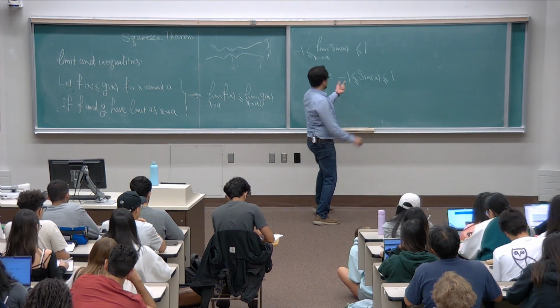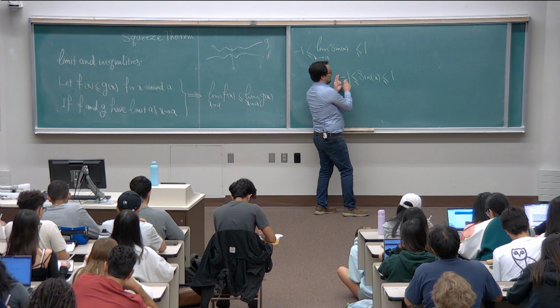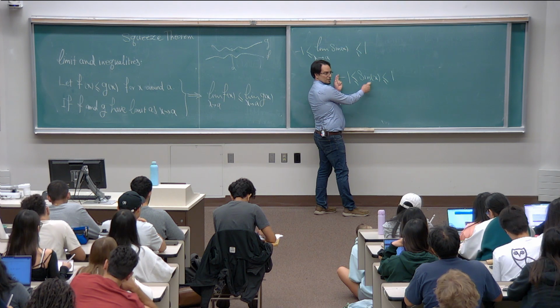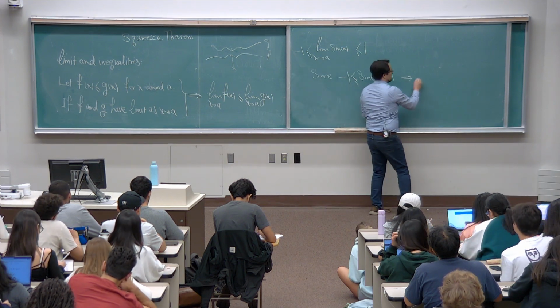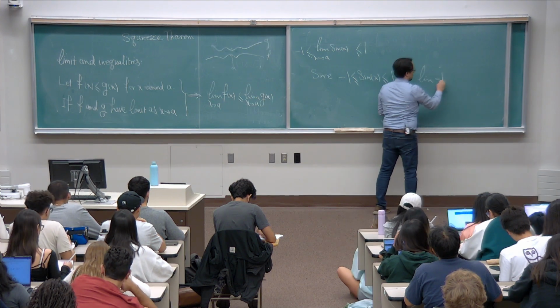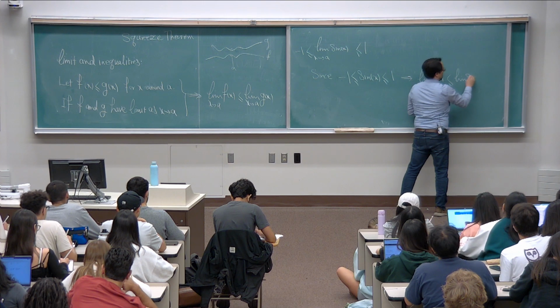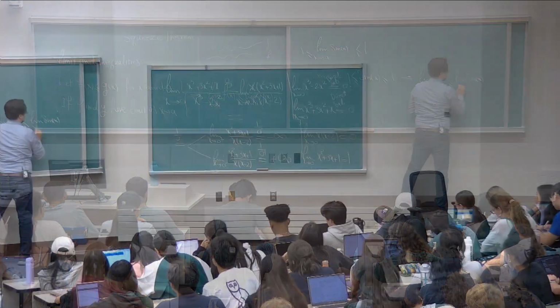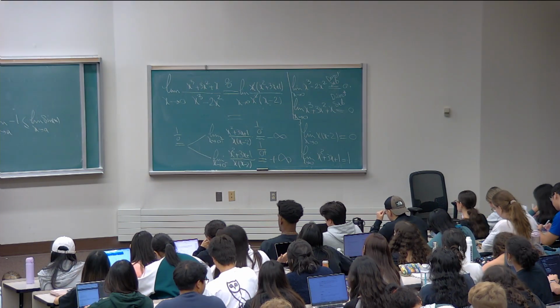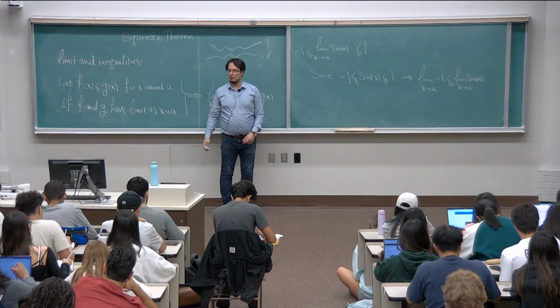So I have considered these two functions. One function is smaller than the other function. Then that means that the limit of the smaller one will be less than the limit of the bigger one, no matter what a is.